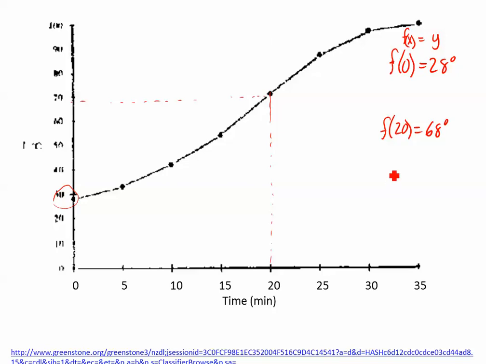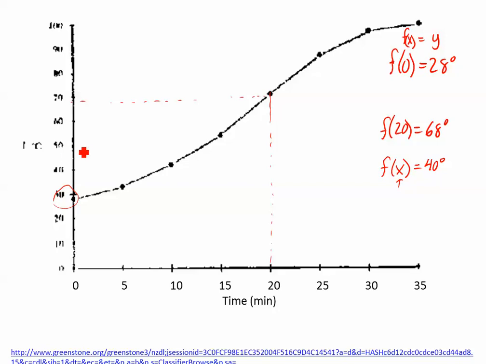Let me ask you another question then. What would this be? f of x equals 40 degrees. Now recognize that 40 is f of x, so that's the y value. So this is asking what is x.